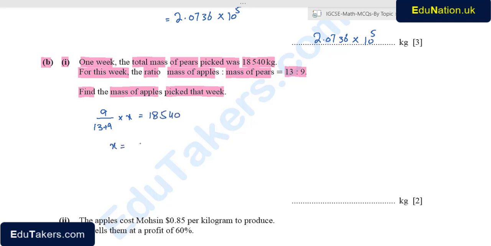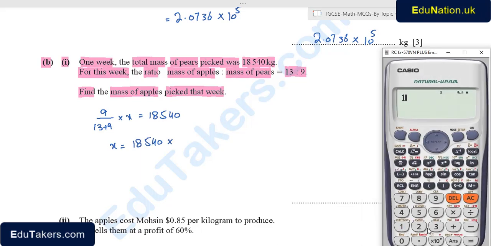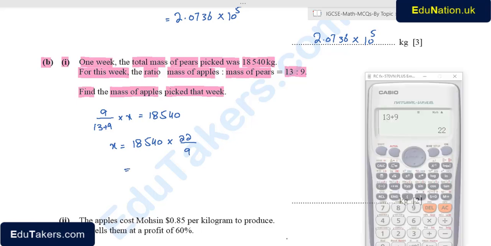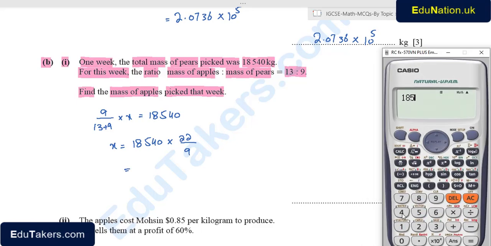So X will be equal to 18,540 times 22 over 9, where 13 plus 9 is 22. 18,540 multiplied by 22 over 9 is 45,320.